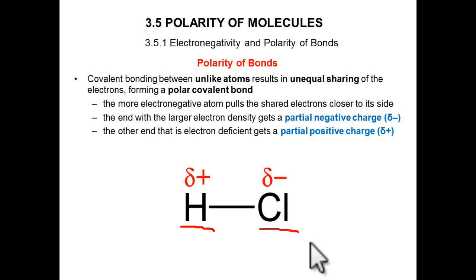Yes, you can see here, as we learned in the previous video, chlorine has a higher electronegativity compared to hydrogen. Therefore, chlorine has a higher tendency to pull electrons compared to hydrogen. Therefore, the more electronegative atom pulls the shared electron closer to its side.